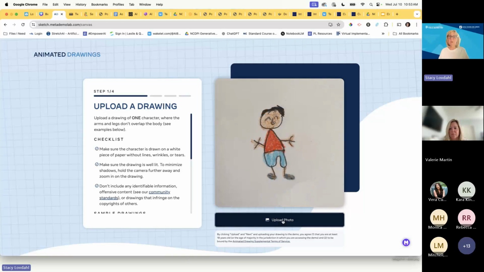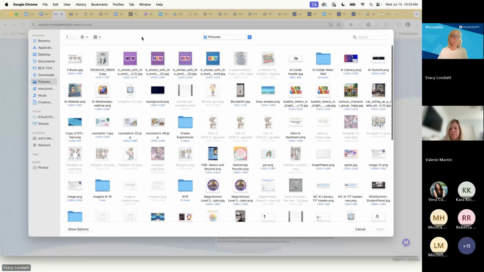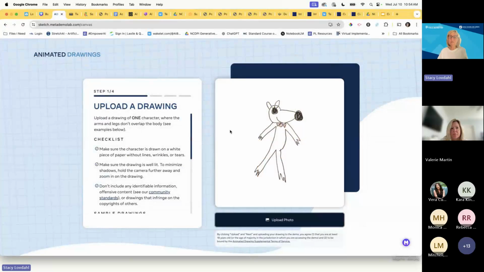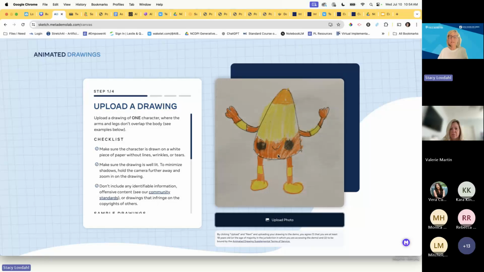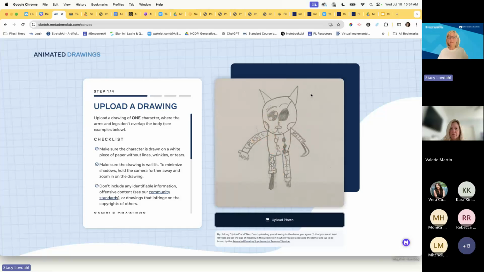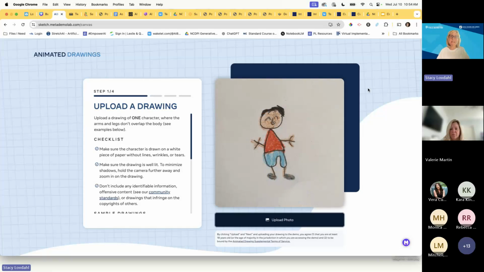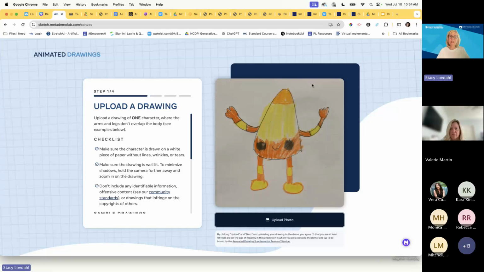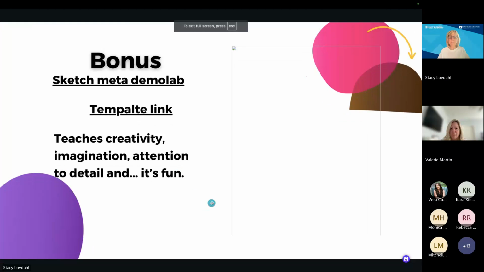When you upload a photo, it'll give it little vectors, kind of like a marionette, and it'll let you animate it, and you can use your animations in stories in Canva and things like that. It's just a really fun site to play with.